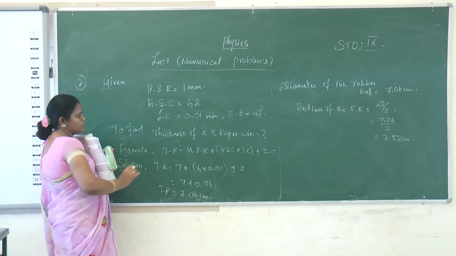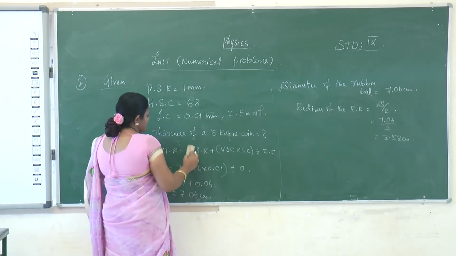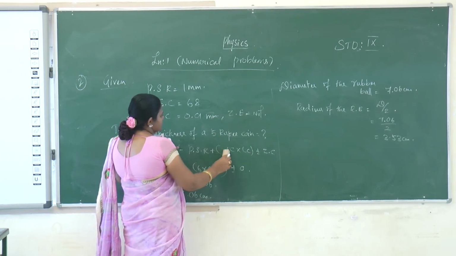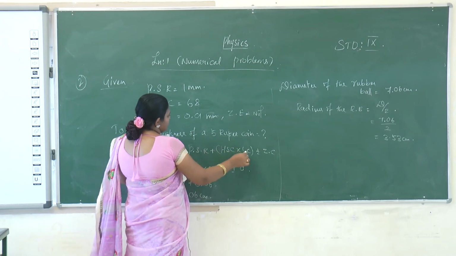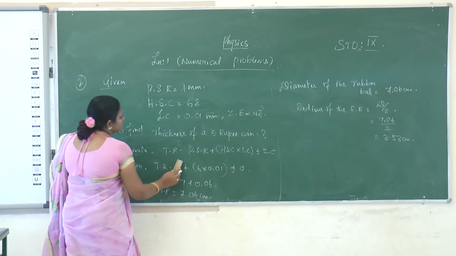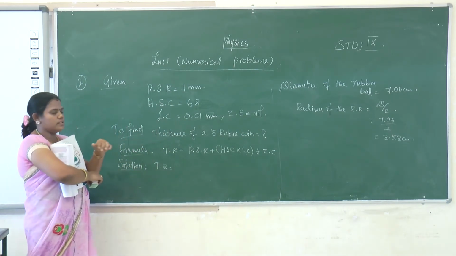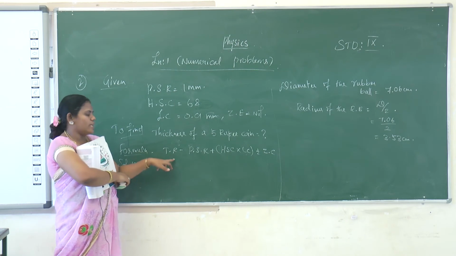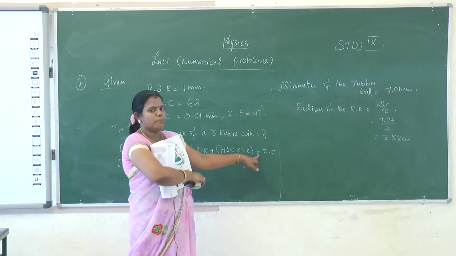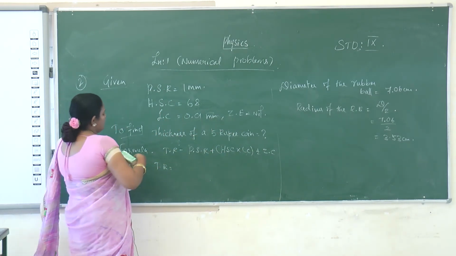And what's the formula used in this problem? The total reading is equal to pitch scale reading plus head scale coincidence times least count plus or minus zero correction. Okay. So go for the solution.